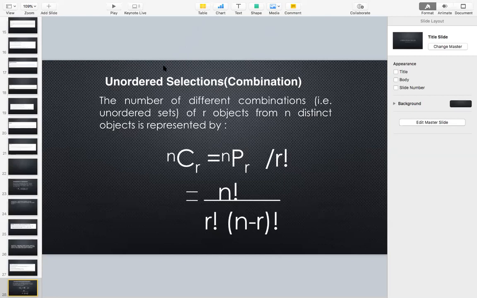What I was saying is, let's say I make you the coach of the Indian cricket team, where you have 15 players and you need to select 11 players from those 15 players. Will the order be important here? No, the order will not be important in this case. You just need to select 11 players from 15. So you will use combinations here.